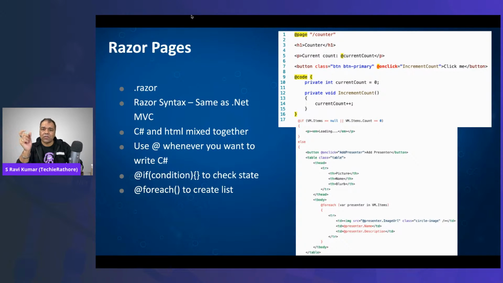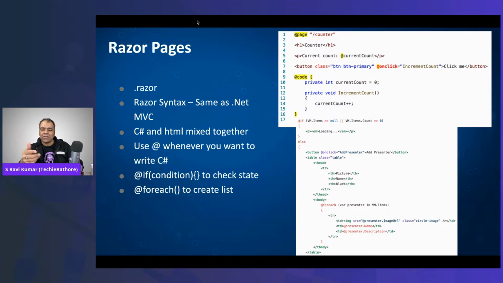As you can see in the code, you just have to add @ and then you can use all the server side things: @code is to create a code block, @page is to create the page, and then @currentCount is used for using a variable which is declared on the server side.